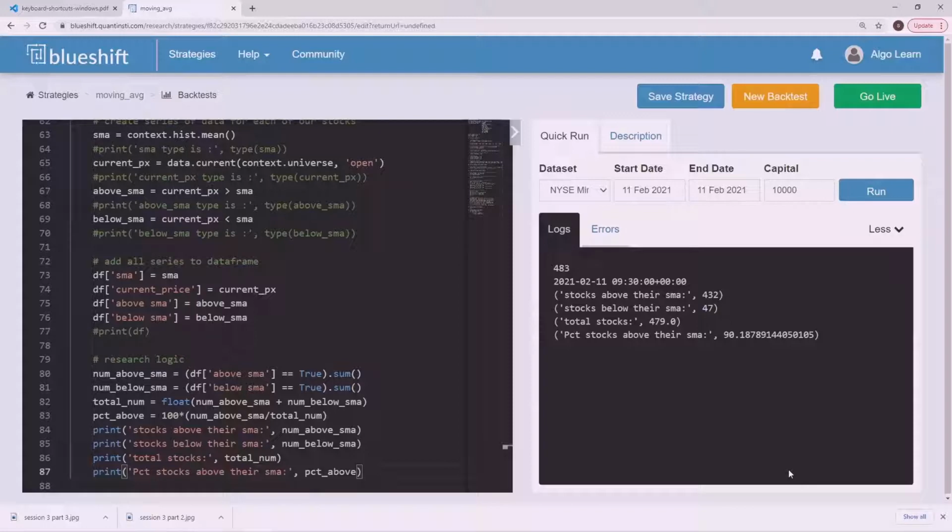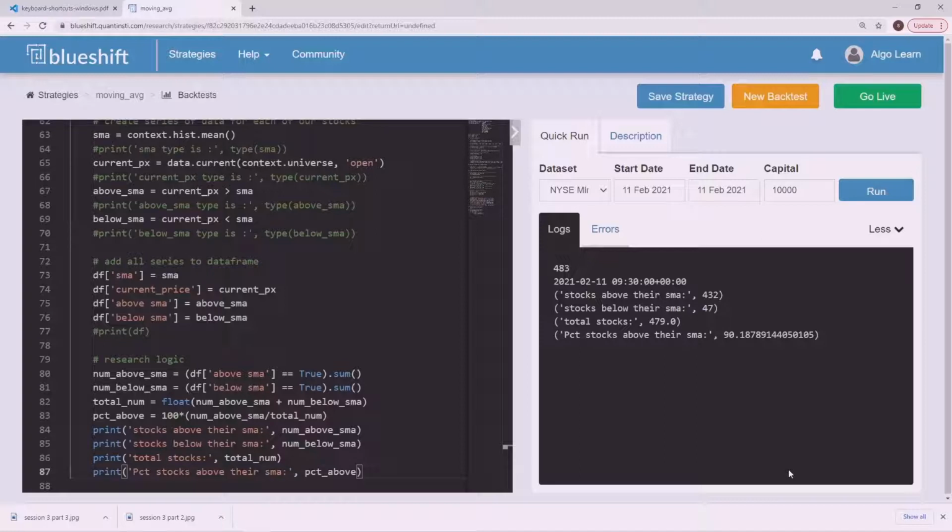So in our universe, we know that we had 483 stocks. As we go back into the backtest, it's February 11th, 2021. At market open at 9:30, remember, at 8:45 we pulled all the data for the 200-day moving average.